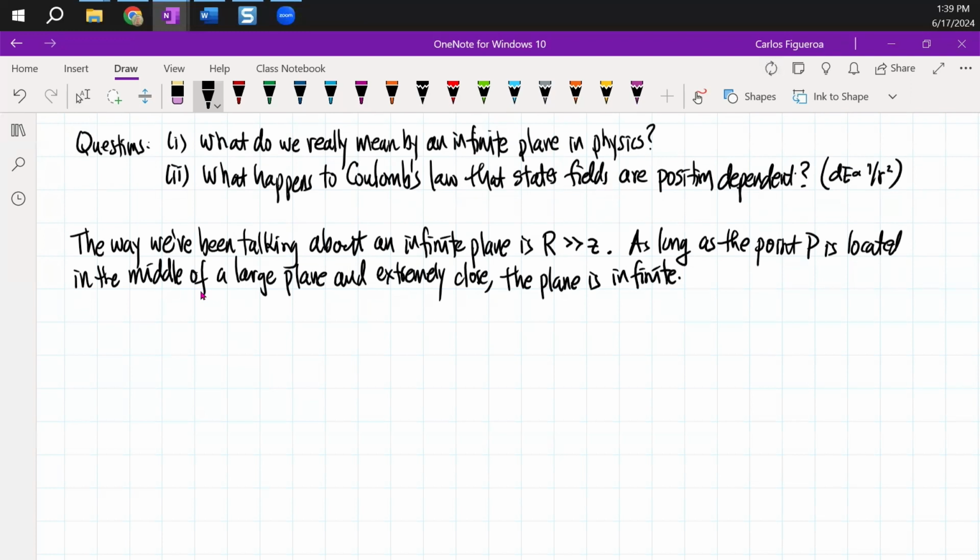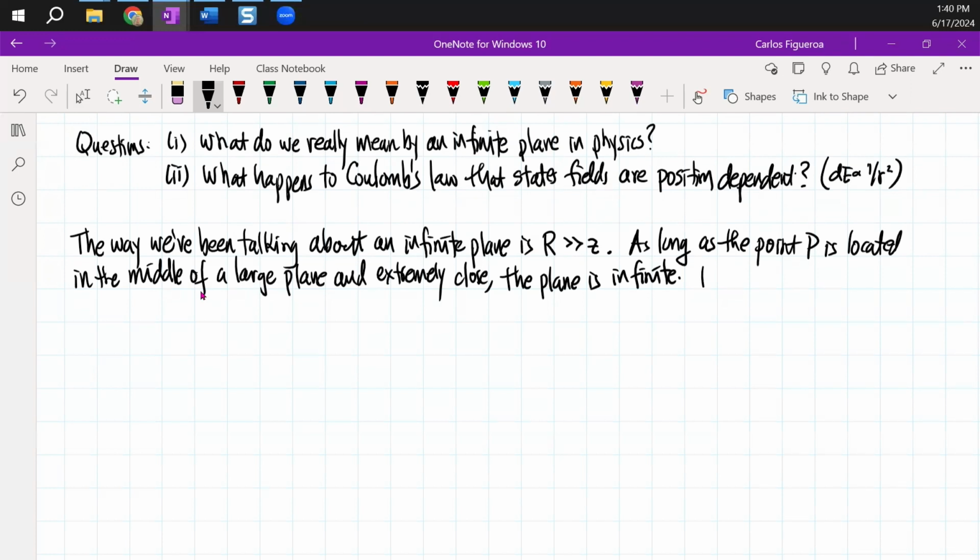And we talked about this before when we numerically checked the finite line versus the infinite line values. It depends on how many sig figs you're willing to deal with. So how do we achieve an infinite plate approximation in the lab?